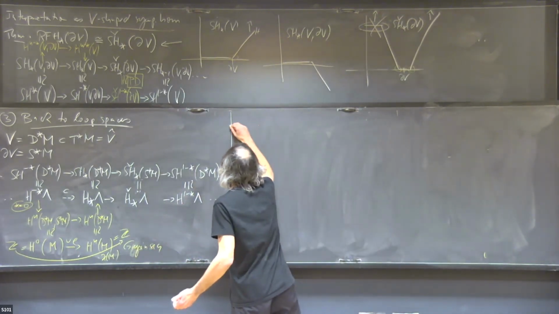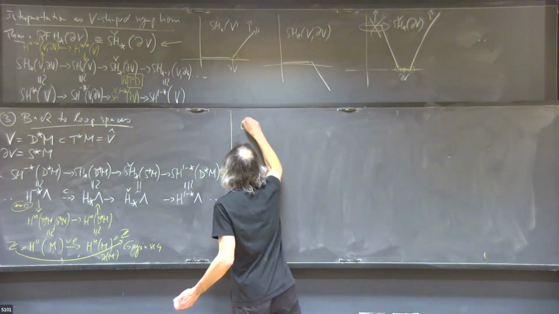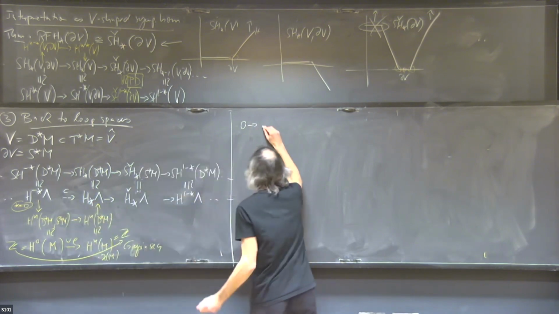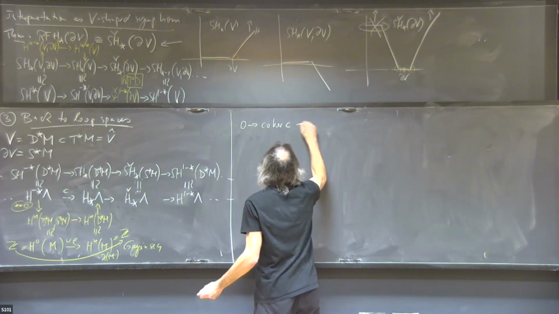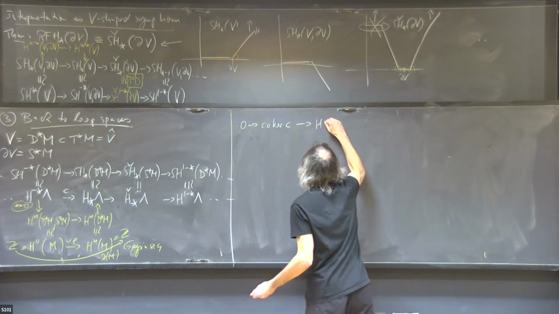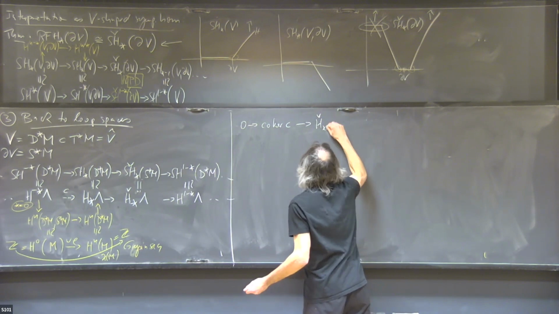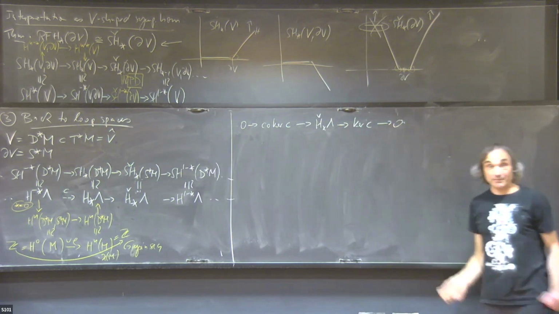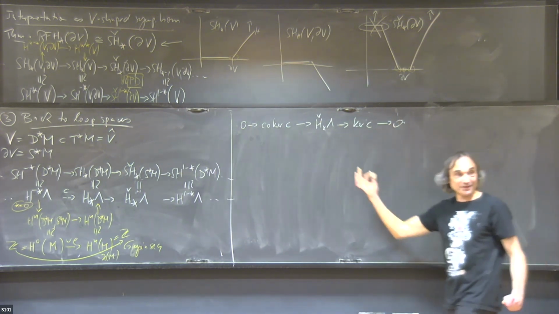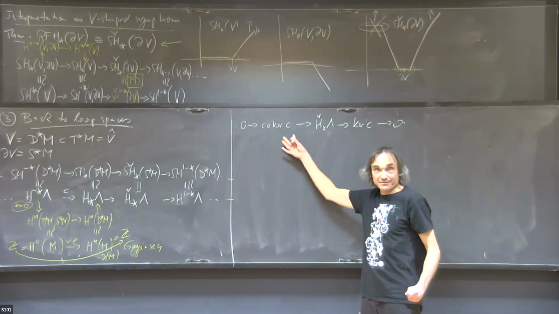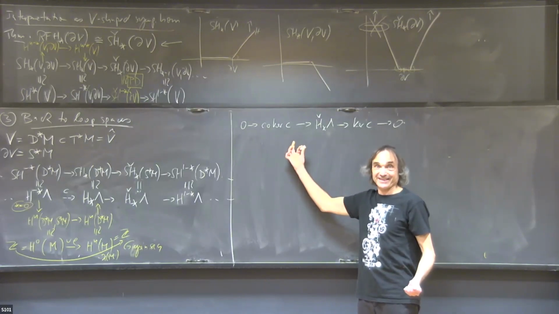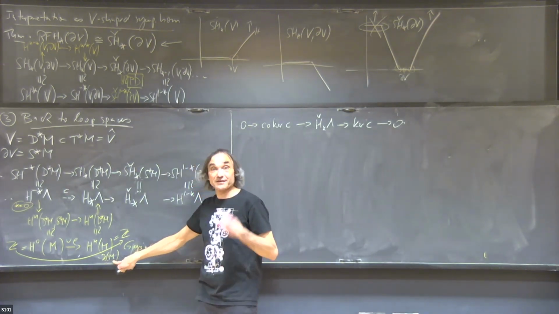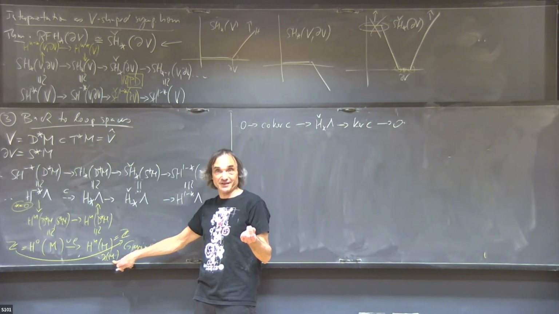So we get a short exact sequence when we replace this one here by the cokernel of C. Here we take the kernel of C. Now we just make it split by brute force, because we pass to the cokernel and kernel. But we're not really doing all that much. We're just modding out Euler characteristic times the class of a point.